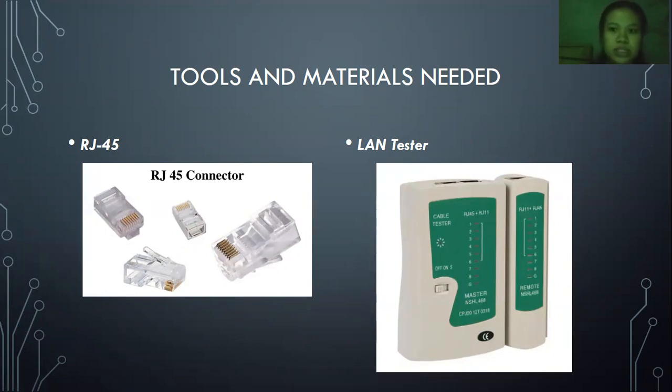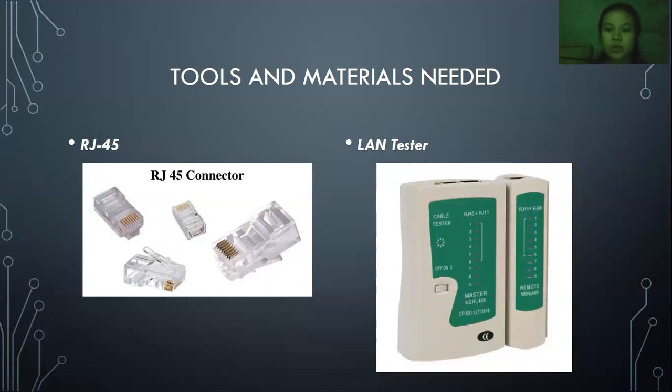So the wires inside the UTP cable will be inserted in the RJ45 and then will be joined together using the crimping tool. And then after you made the cable, we will use LAN tester or local area network tester or cable tester, which is an electronic device used to verify the electrical connections in a cable or other wired connection.